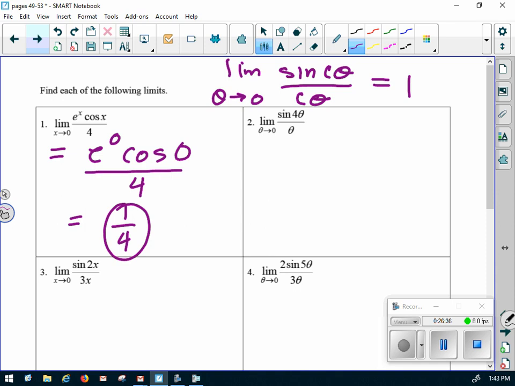What am I missing? I need a 4 in that denominator, don't I? Now listen, you can never, ever rewrite sine of 4 theta as 4 sine theta. They are not the same thing.